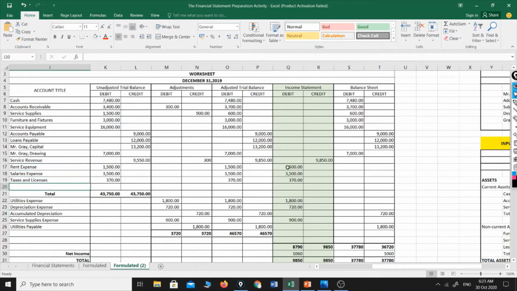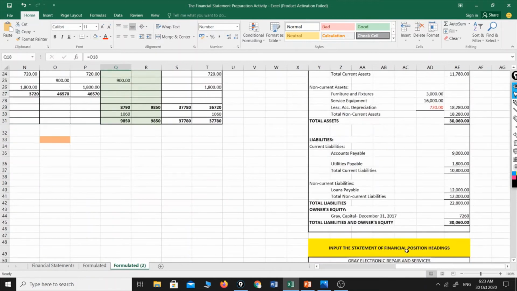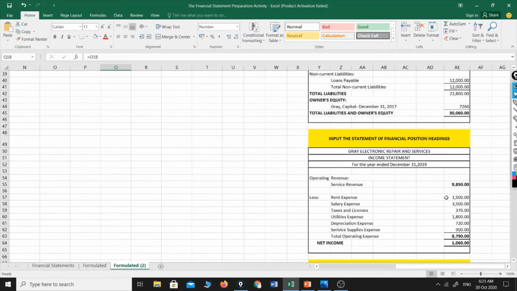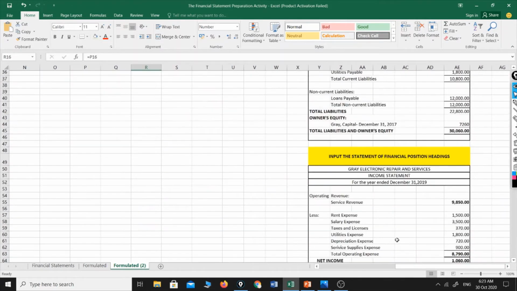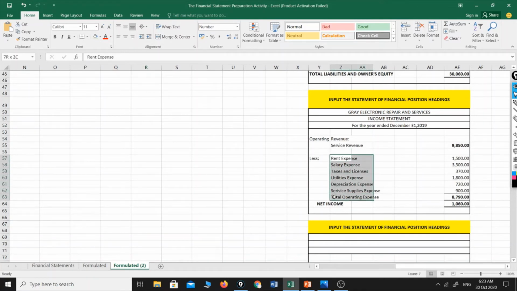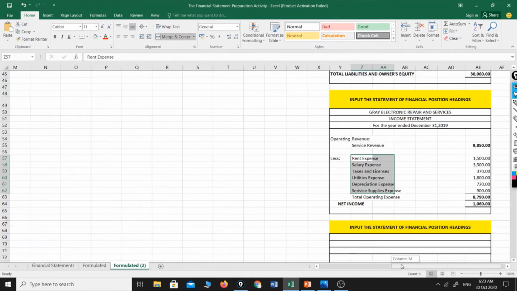Okay, so we have already the amounts here, and we will just incorporate that on our income statement. So we will just copy 9,850 as our revenue, and then we copy all the related expenses that we incurred during that year.